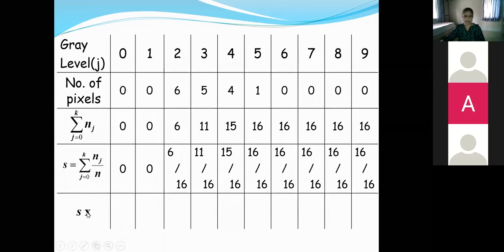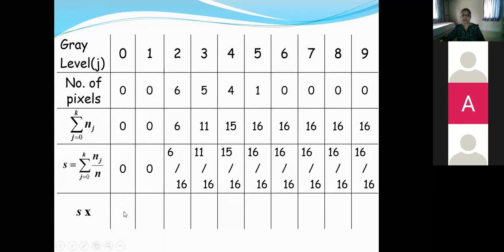So the purpose of the last step is to convert your gray shades to the original gray shade range, that is 0 to 9. So multiply all these numbers by 9 and tell me your answer for the final step. Okay, please type your answer in the chat box.